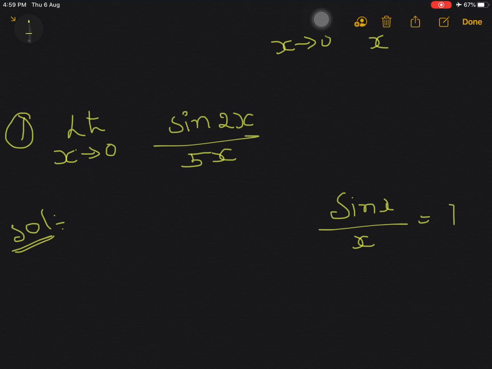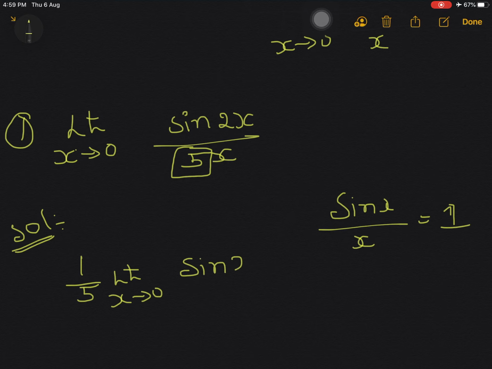First take this 5 out of it, then it becomes 1 by 5 into limit x tending to 0 of sin of 2x by x.